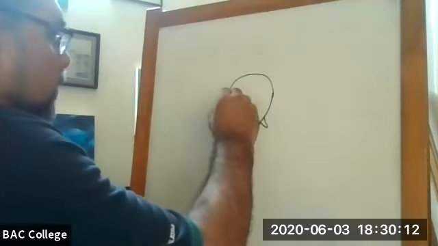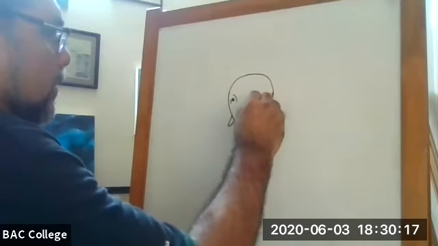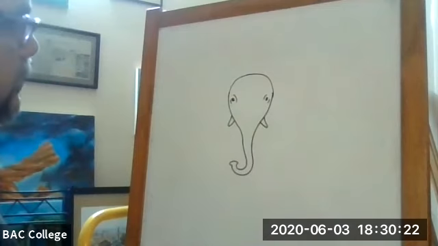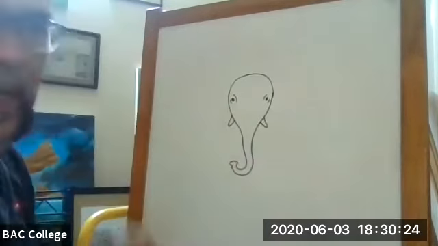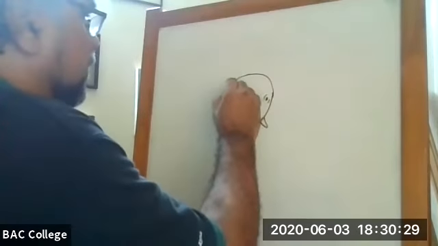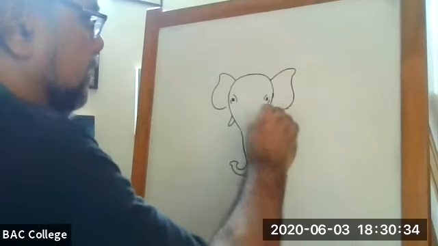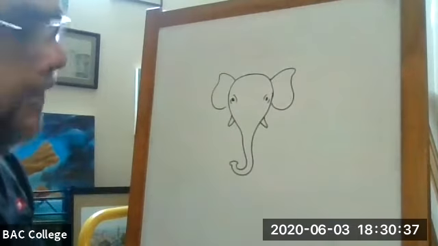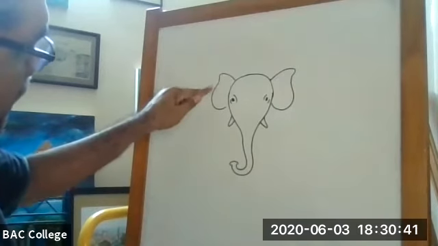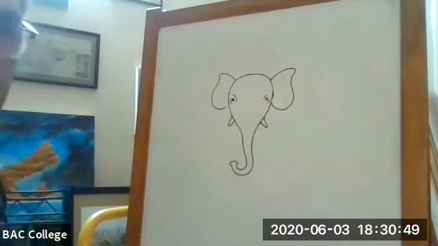And here will be your eyes, and you can draw the two lines for the eyes. Usually elephants have lots of lines around the eyes, isn't it? And then you get the ears like that. Can you see it goes up and then curves in a little bit and then a big loop here. Here also goes out, curves in and a big loop here.